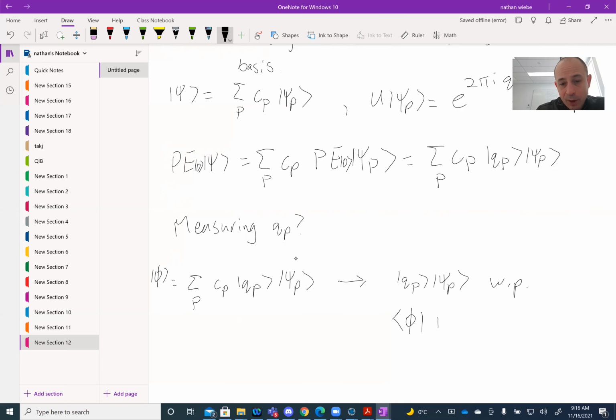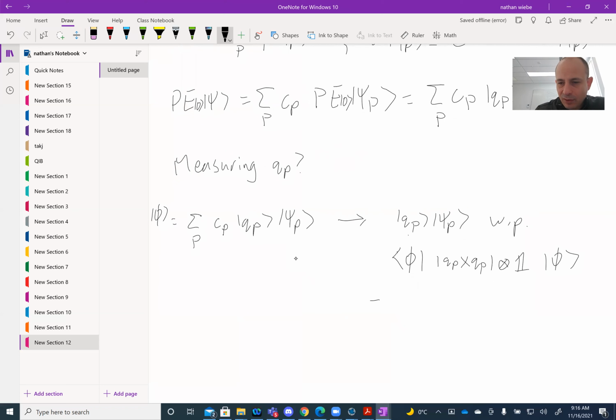Since we're measuring, we want to figure out the probability of measuring q sub p, and that projector is going to be q sub p here, q sub p, and we don't care about the state, so we put an identity in here. This is the indicator function that counts all of the states whose probabilities we want to estimate. And therefore, this is just equal to, unsurprisingly, c sub p squared when we go through and do the inner products. So the probability is just the square of this.